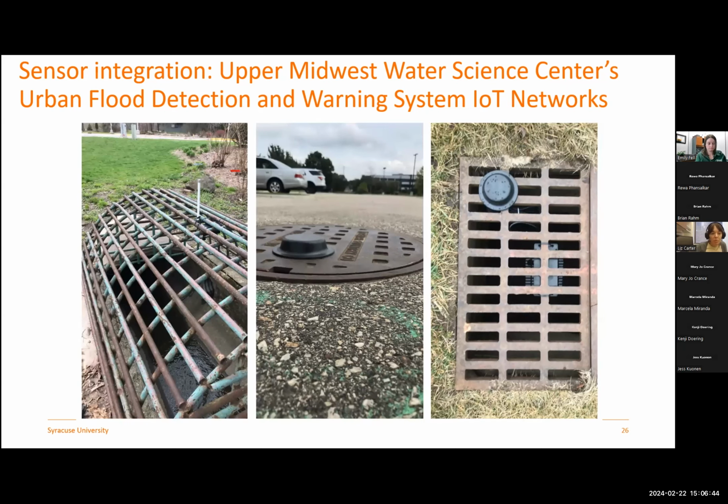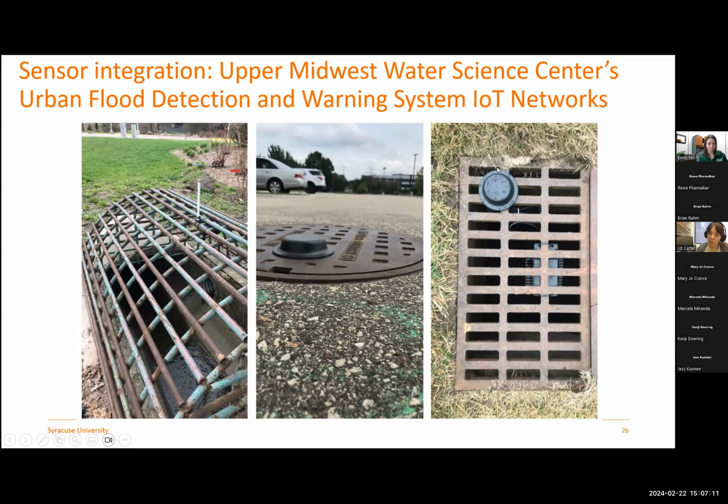So this is an example of what these storm sewer stage sensors look like in Madison, Wisconsin. These are pressure transducers that are installed on the side of the street grids that feed into the stormwater lines underneath the street. This is just sitting here waiting for water to overtop the sensor, in which case it'll make a measurement of the water's depth.